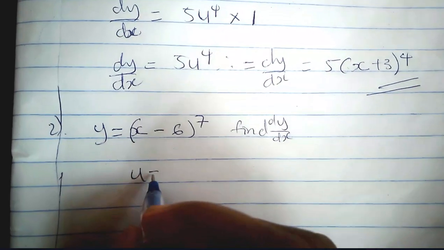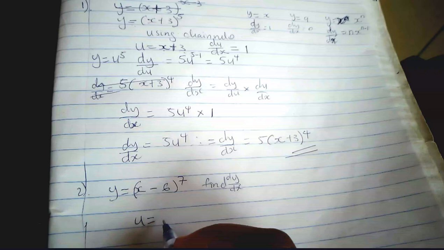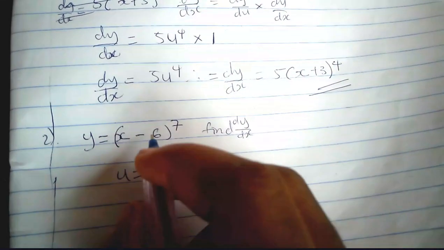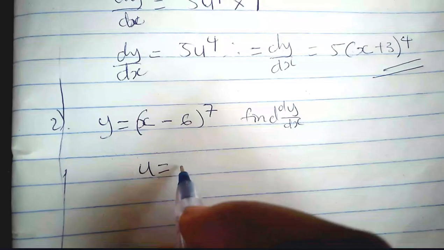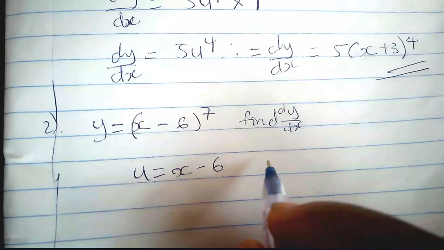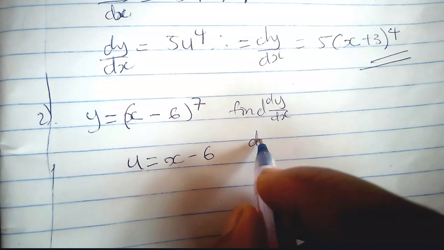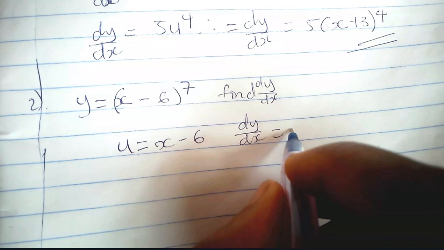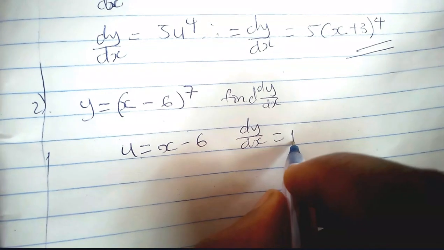So like I said, we're going to let u be equal to this value. Wherever we see x, we're going to equate it to u. That's going to be x minus 6. Then the differential value of u with respect to x is going to be what? 1.